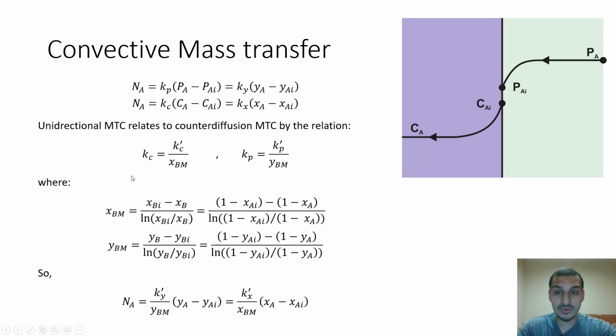Just to differentiate between this case and the other case: for the other case, we will have almost the same equations, but without the dashes for either Kp, Ky, Kx, or Kc. None of them has the dash.